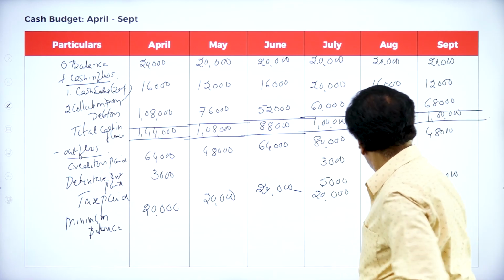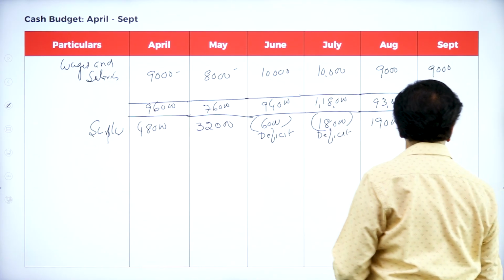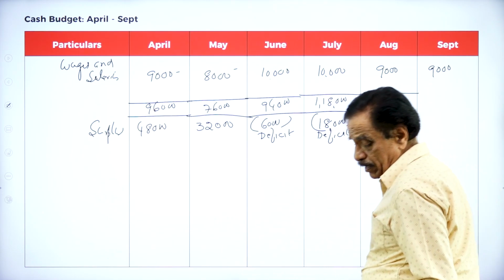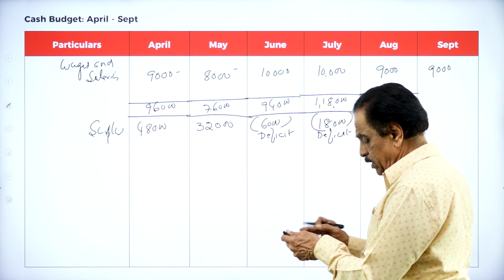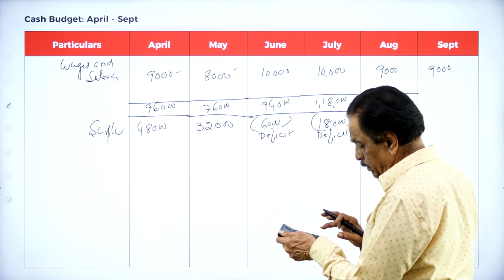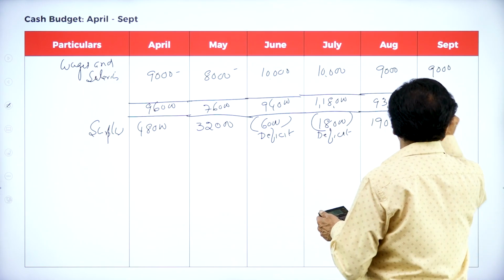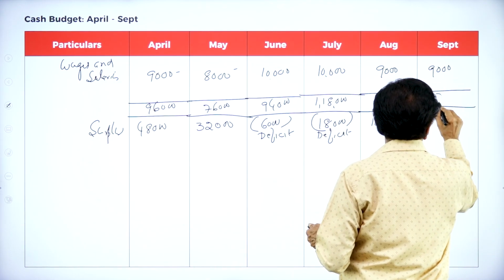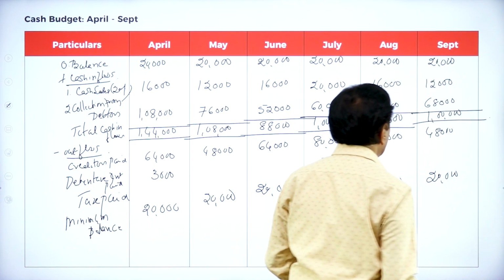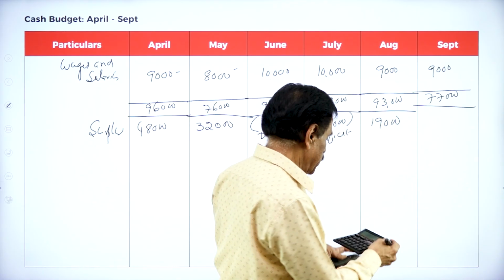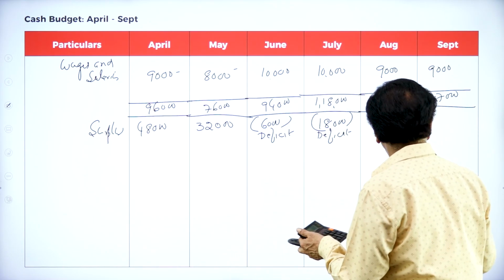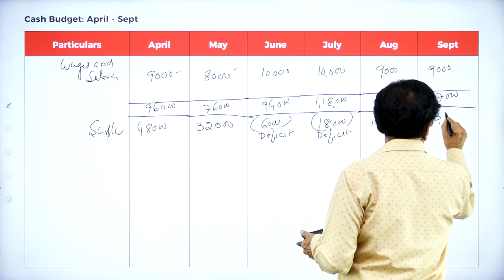Then 68 plus 9, 68,000 plus 9,000, 77,000 requirement. So what's your balance? You got 1 lakh, against 77,000. How much excess? 23,000 surplus.